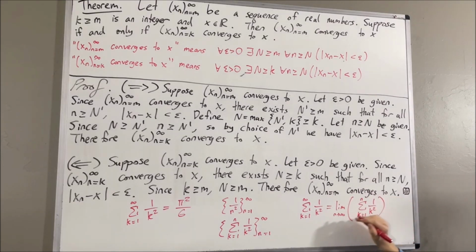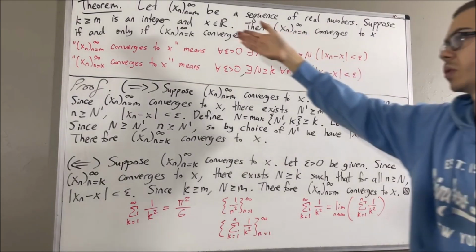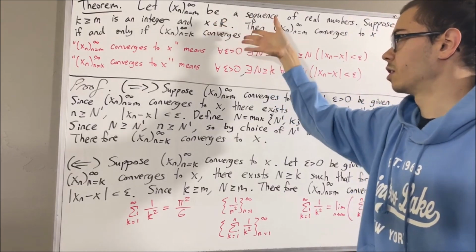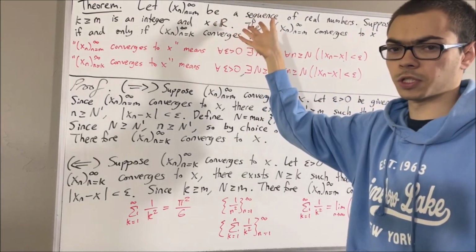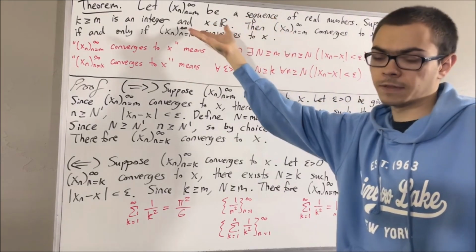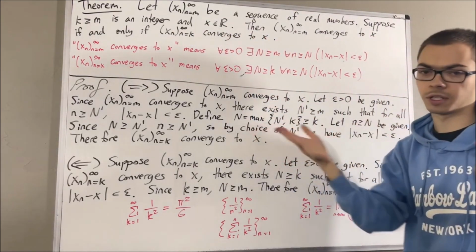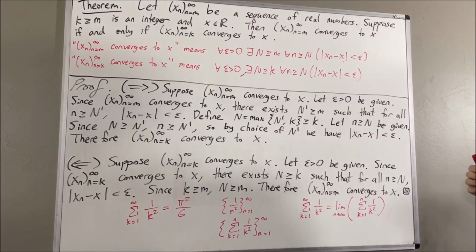We don't have to refer to the starting index. So that's essentially what this theorem is telling us. We don't have to worry about the starting index when asking what value the sequence converges to. If it converges for a specific starting index, then it's going to converge to that same value for any starting index. And so yeah, that's pretty much it for this video.